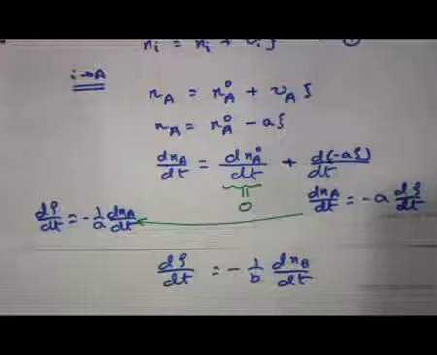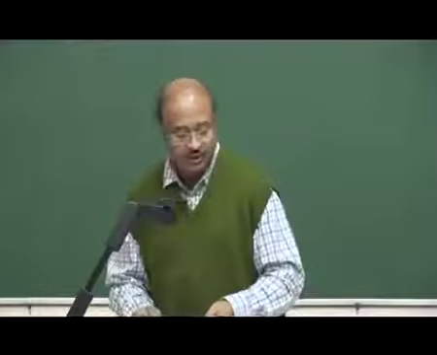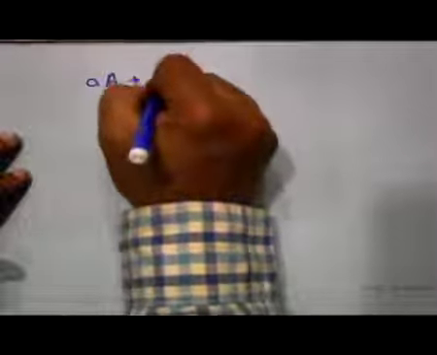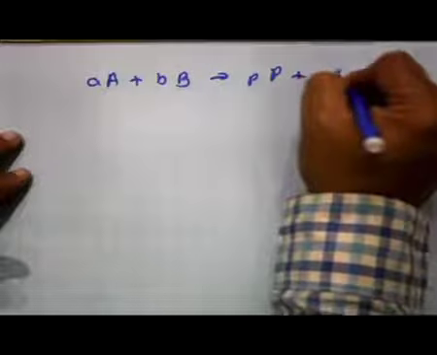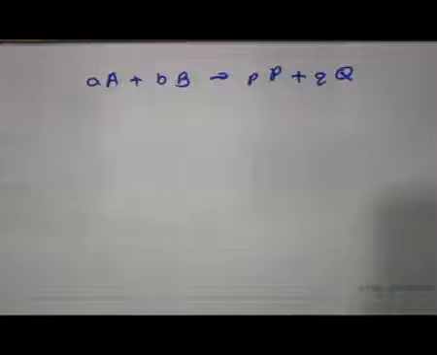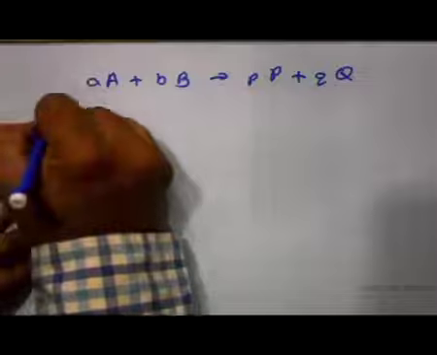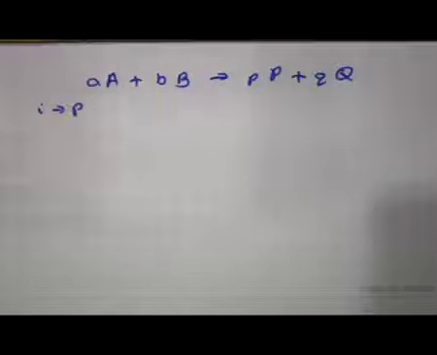So, obviously, it goes without saying that if I now go to the product side, a similar thing would come about. So, let us now again say for the same reaction, let me write the reaction again, giving P plus Q with the corresponding stoichiometric coefficients. Let I be now P. Okay.